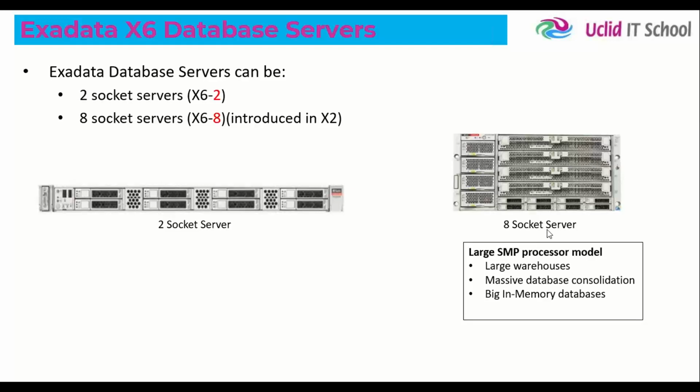If your application is a modern application which utilizes commodity hardware, which doesn't require a lot of memory or CPU on a single server, then you can go for 2 socket server. Okay, so that is the difference.